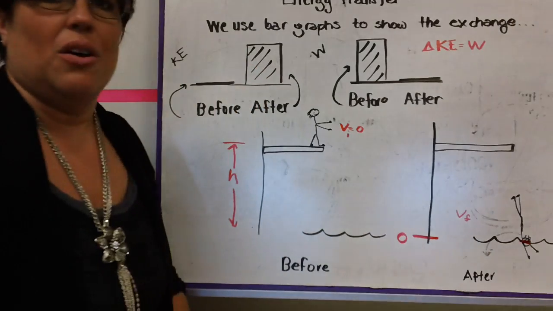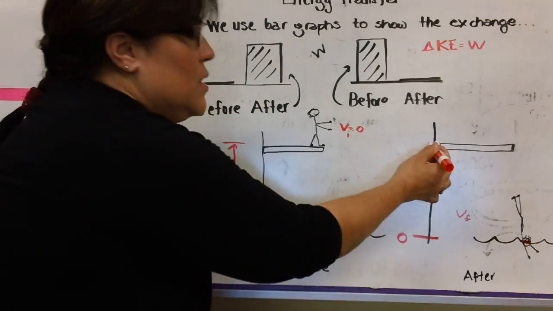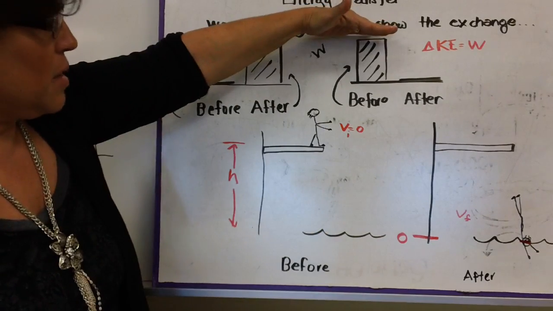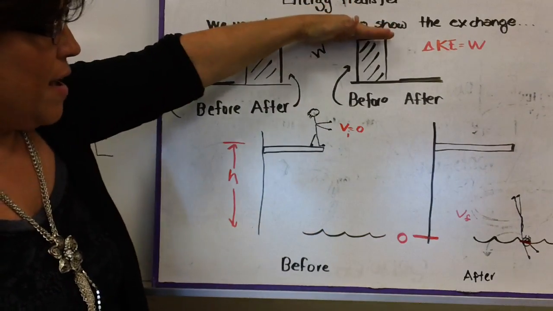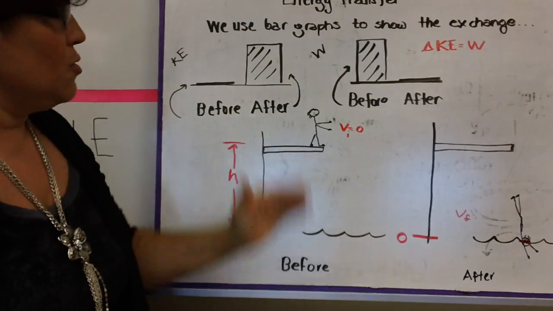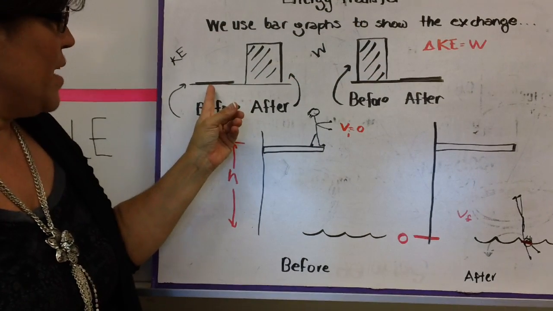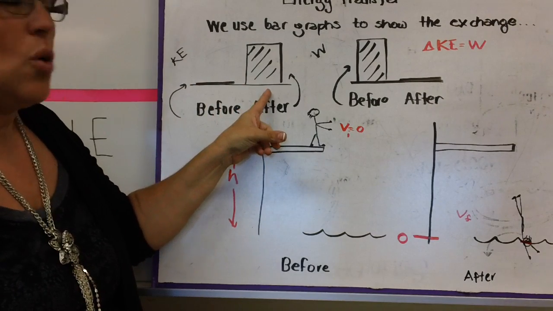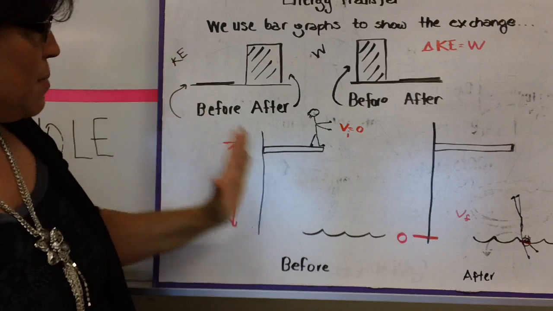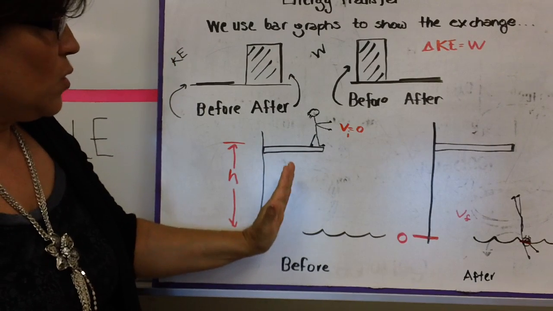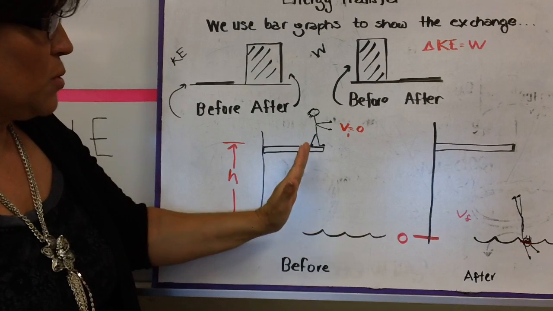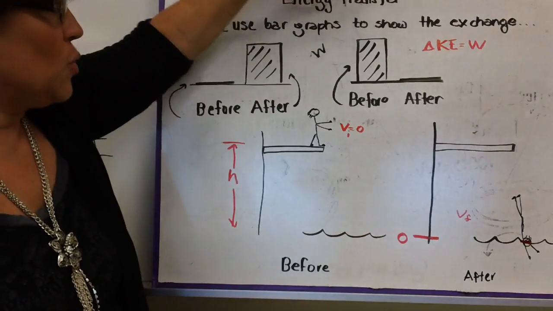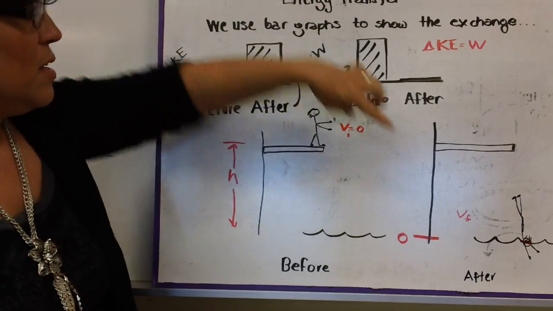He's at the 0 displacement. Over here, his displacement is this much. So the work is maximum at the before spot right here, and then at the end it goes to 0. So you can see that the energy is being transferred from all this work is decreasing, and then at the end it's going to the kinetic energy. At the beginning he has tons of work or ability to do work, which is potential energy, and at the end everything is in the kinetic energy. So we're transferring the energy from one to the other.